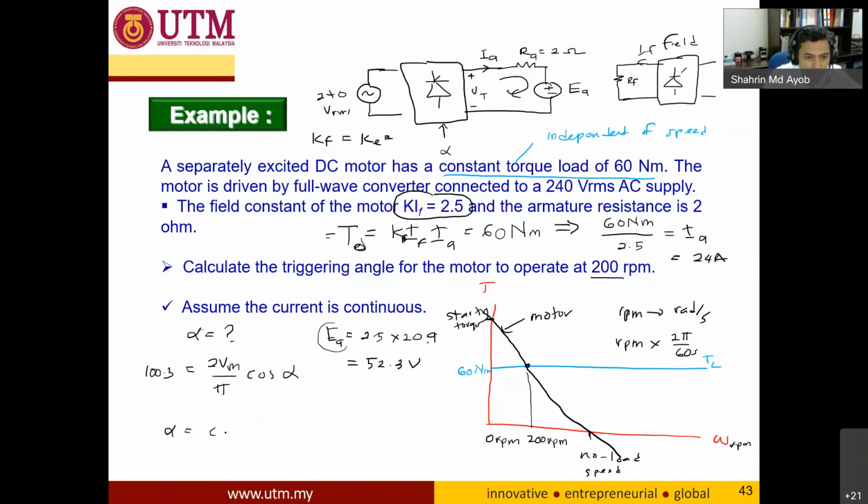So your alpha is cos inverse of 100.3 multiplied with pi over 2, multiplied with square root 2, because you need to convert RMS into Vmax.